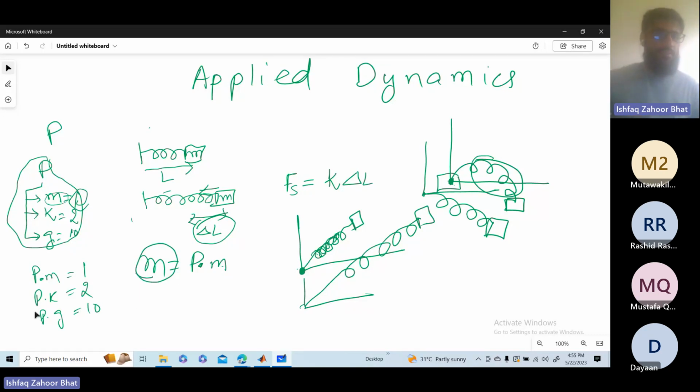P is not a simple variable. This is a structure. You cannot directly use P somewhere as a variable. If you want this mass M, you have to extract it like this: M equal to P dot M. If you use this and hit enter, you will see that M is equal to 1. That is what I am using here.